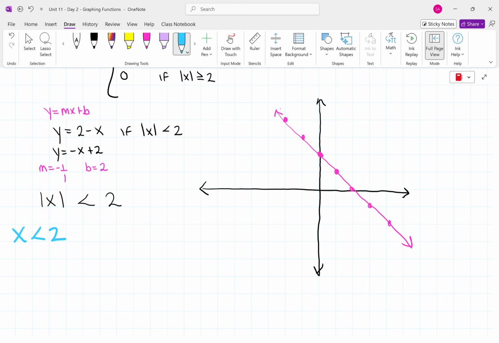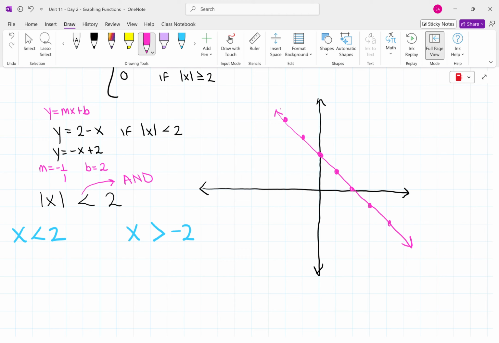So this is going to be x is less than 2, exactly what's written there. And now what we're going to do is negate that 2. So I'm going to have x and negative 2. But guess what I have to do with that inequality sign? We have to flip it, because when you divide by a negative, don't you flip the sign? Now, here's the part everybody forgets. This is less than.